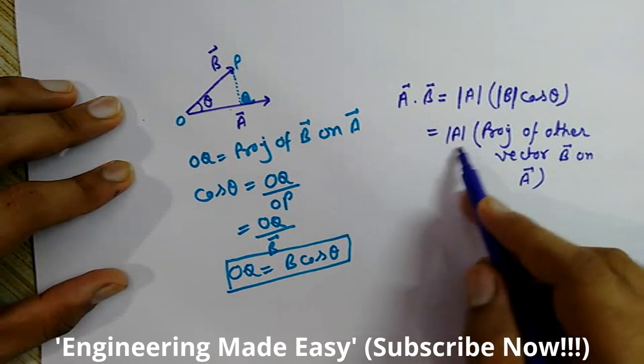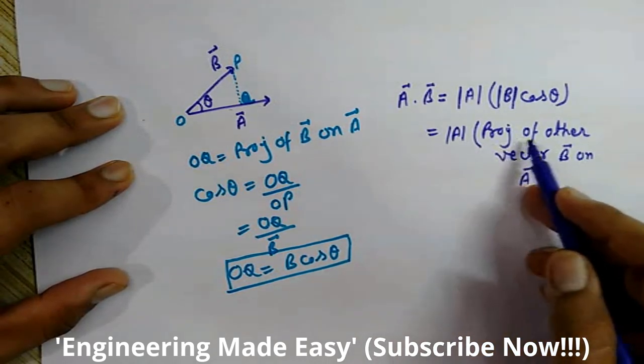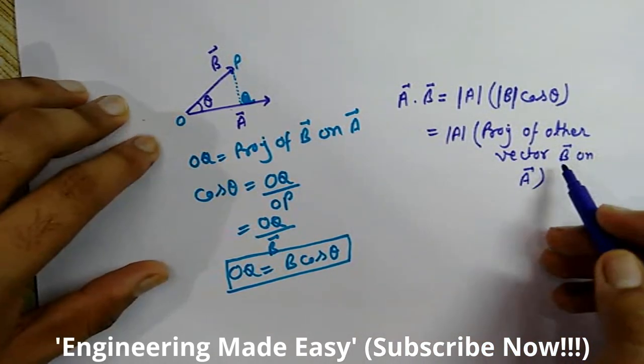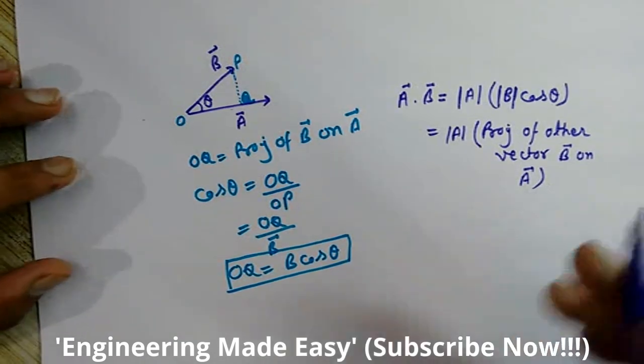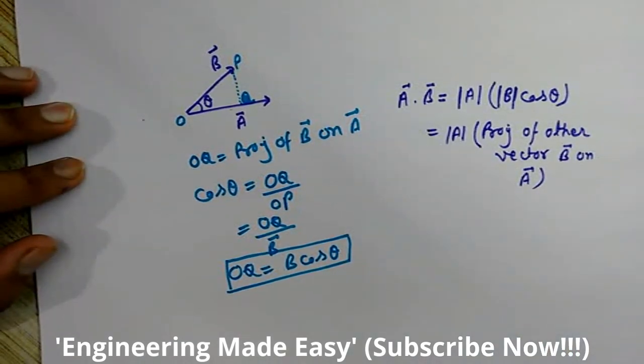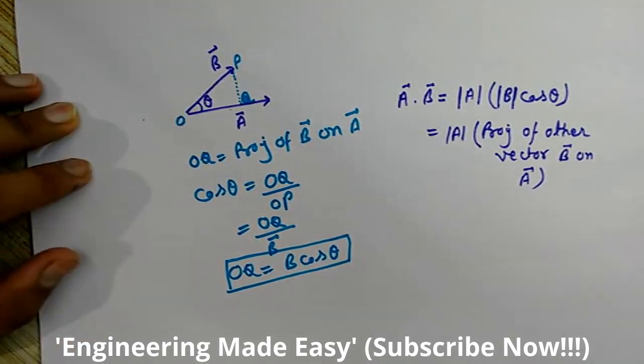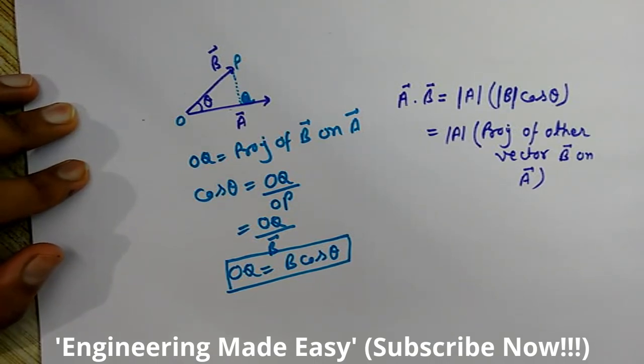So it is the magnitude of B multiplied by the projection of vector A on vector B. In both cases we can write it. Let me tell you one more thing: if we vary the angle between the vectors A and B, then we will get some interesting results. Let's understand it.